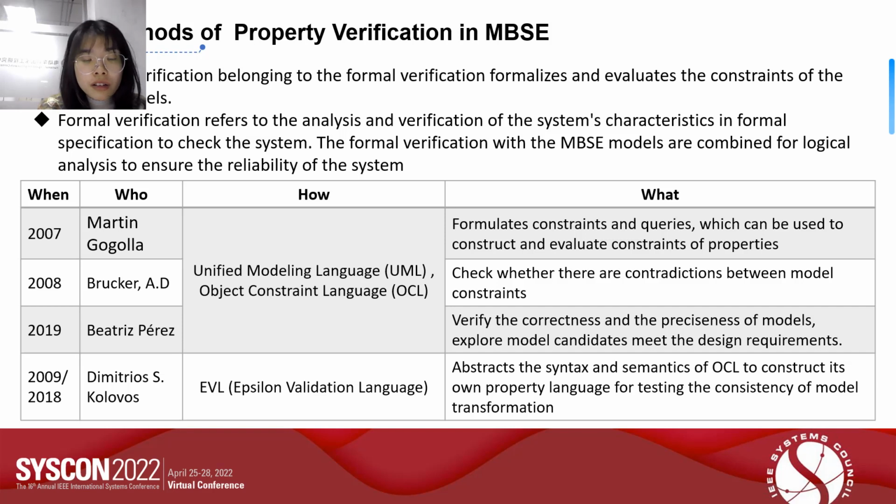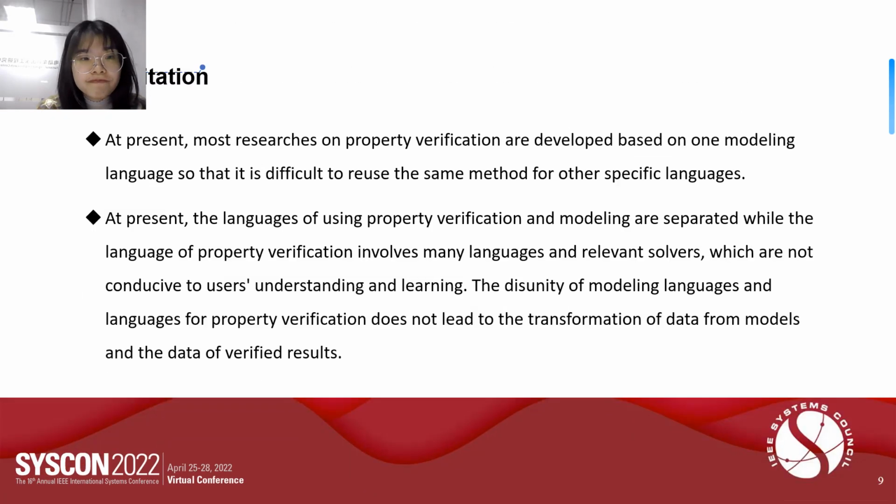Dr. Gogolla, Dr. Brucker, and Dr. Pires combine UML and OCL to formulate constraints and check the characteristics. And Dr. Kolovos abstracts the syntax and the semantics of OCL to construct his own property language for testing the consistency of model transformation.